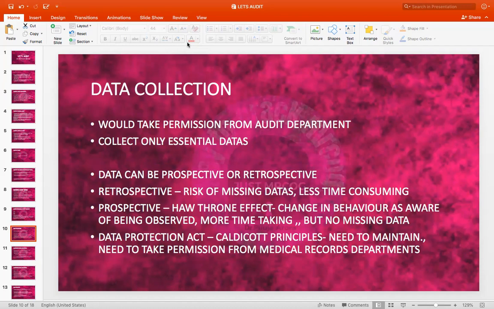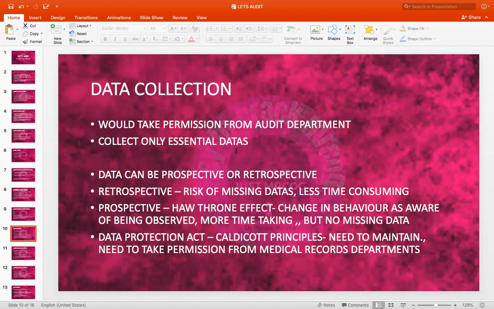No. They will go through the matter and see whether it is really important to do an audit for this condition or this situation or this structure or this service or this outcome, or it is not required. So the very first step would be to take permission from the audit department, then collect only essential data.